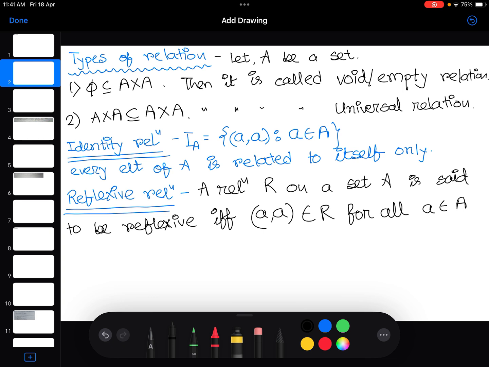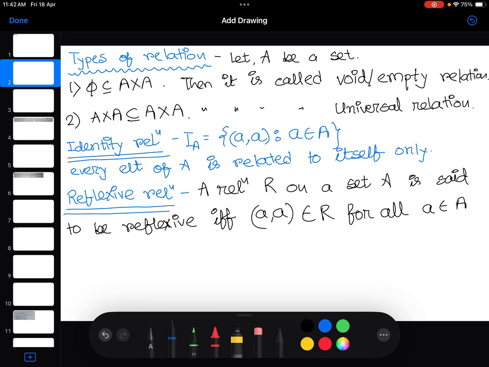So when we call a relation R reflexive, for all a belongs to A, (a, a) will be in R. Now how can we distinguish the identity relation and the reflexive relation? We can easily verify that by an example.